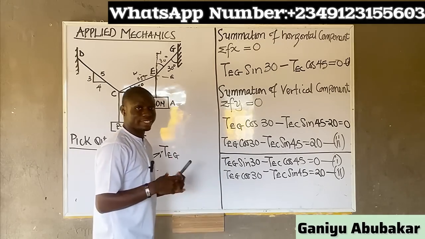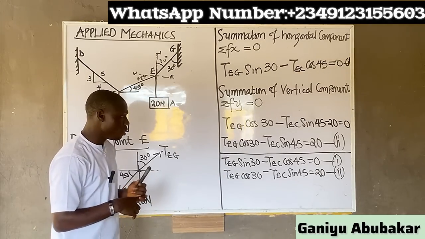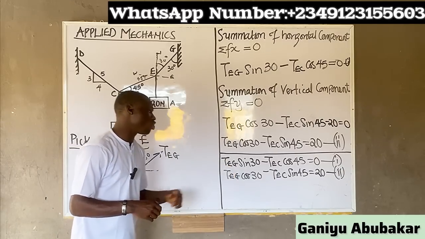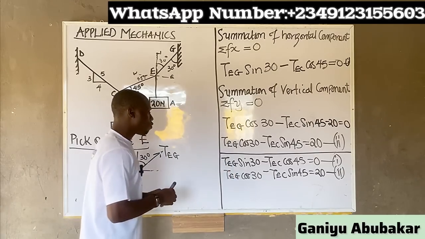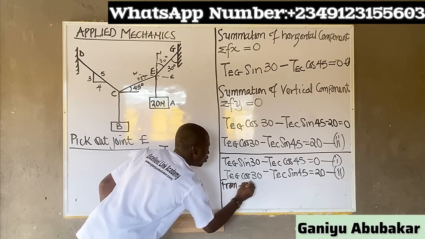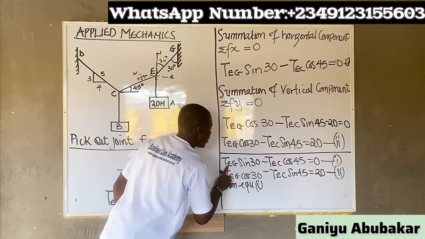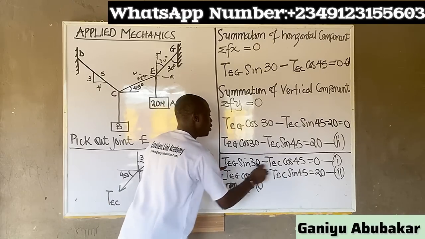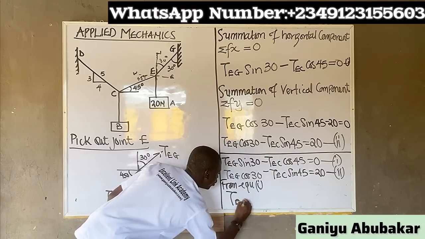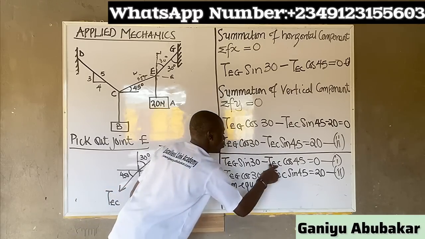So my task here is simple, as I'll make TEG subject from equation 1. So from equation 1, if I make TEG subject, it means that I'll be having this one move this way. That will give me TEG equals to this one move here.